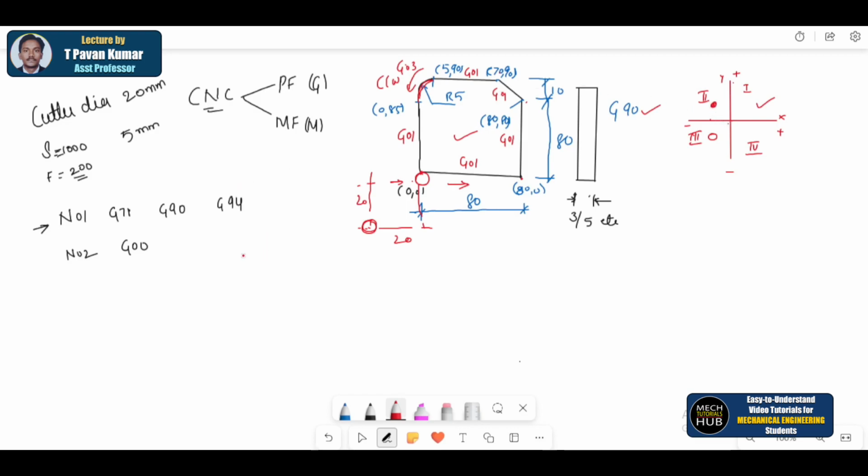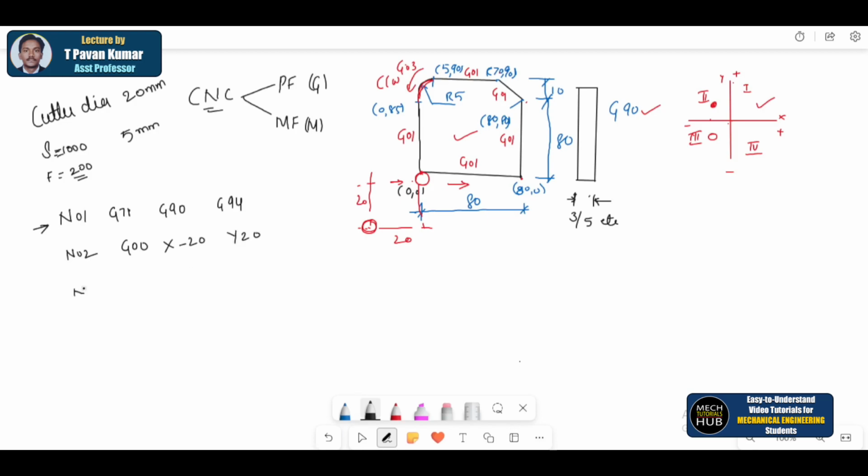So to reach the origin, it needs to travel 20 mm in x and 20 mm in y.